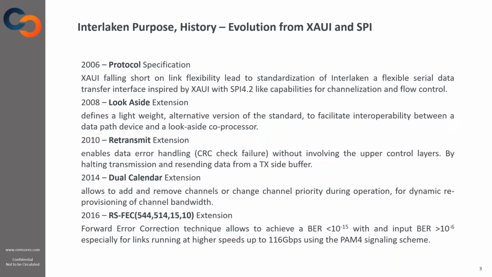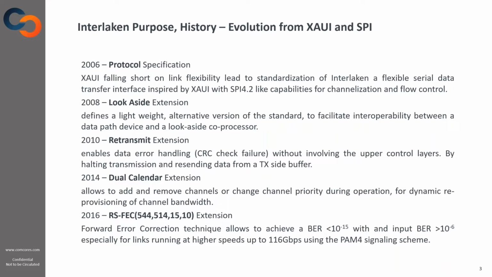So the shortcomings of XAUI led 2 companies, Cisco and, I'm falling short on the name, to form a committee to find the perfect solution for the problem, and they came up with Interlaken. Interlaken sort of took the best of both worlds and merged serializing of data with SPI's flow control and channelization.